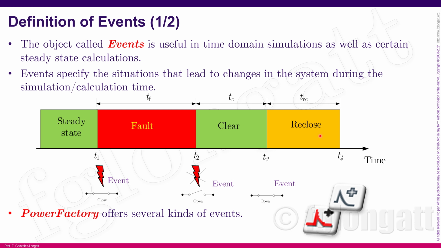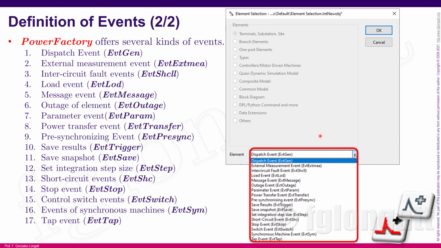Power Factory allows you to do this. You can include as many events as you want. Basically, Power Factory has already, I believe, 16 or 17 different events that you can define. And they are extremely configurable. You can change the configuration of every single one of those events.